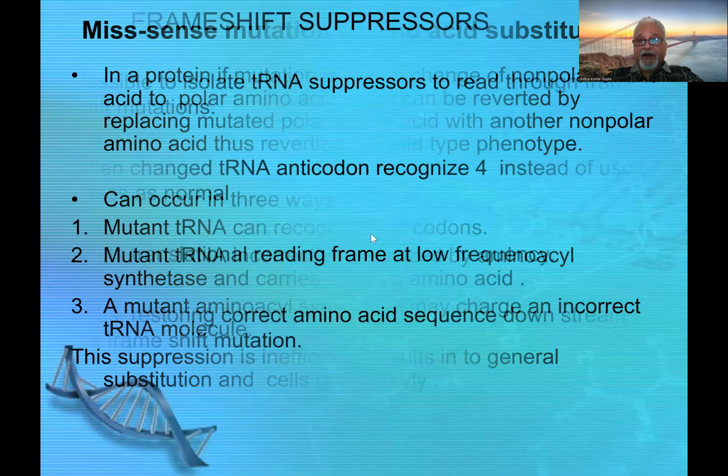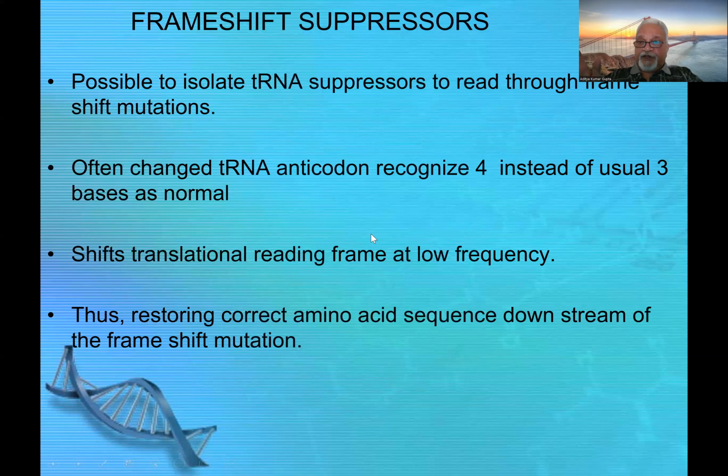Now, another is suppression of frameshift mutations. If you recall, I told you that a single nucleotide addition or deletion can bring about a change in the reading frame. Normally, it is 3-nucleotide codons which are read. But if the mutation is the addition of a single nucleotide, it means that the codon will have 4 instead of 3.